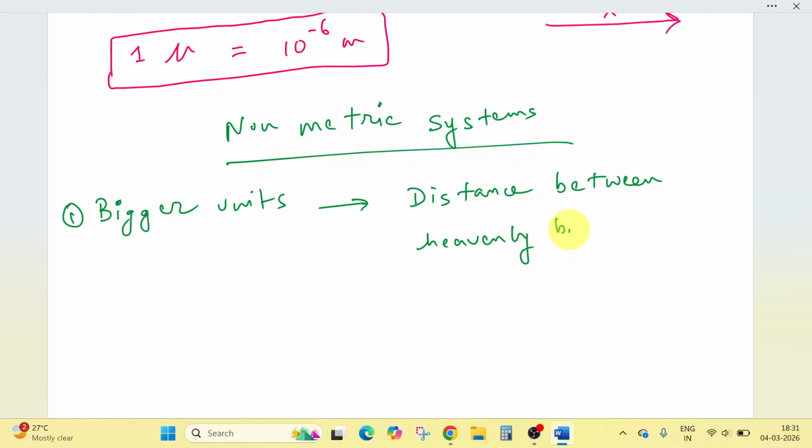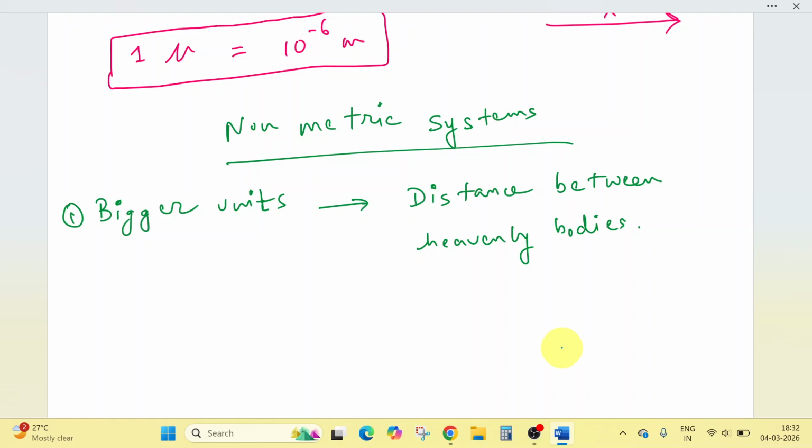Heavenly bodies, because they are very far, the distance is very large. Now if you express them in meter or kilometer, it will be massive numbers. So to make them easy, we use a bigger unit. Listen, one thing.